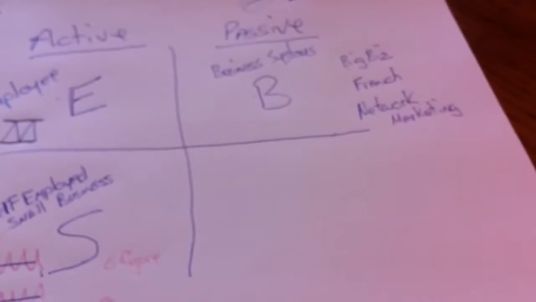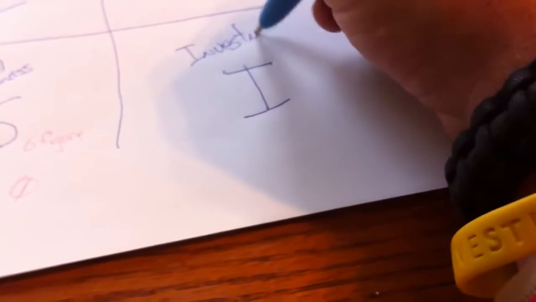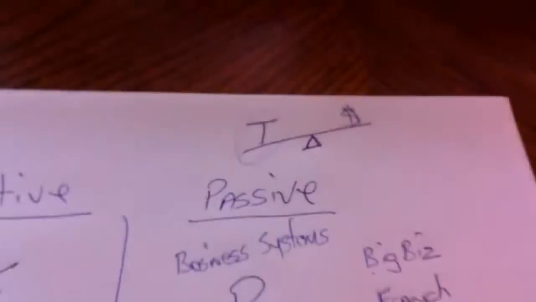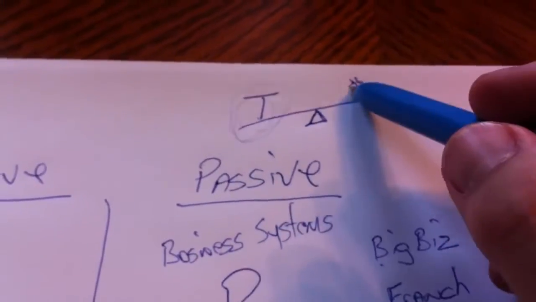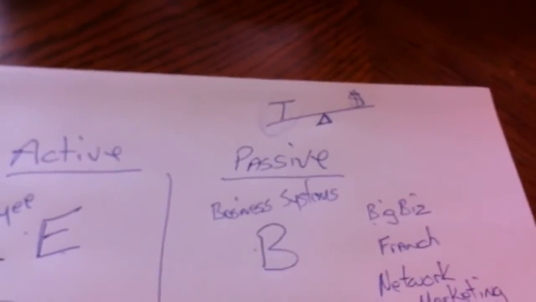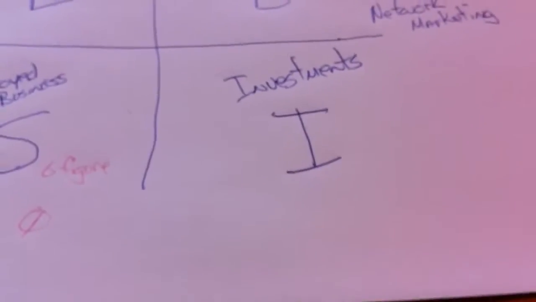The last category is I, and I is for investments. And there's basically three types of investments. Remember, we're investing our time to leverage our money to give us more money.